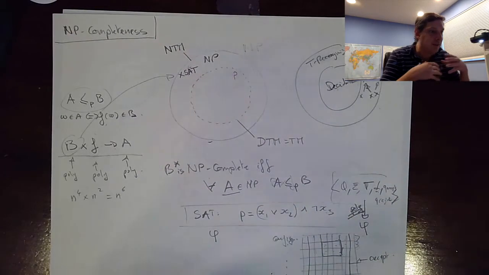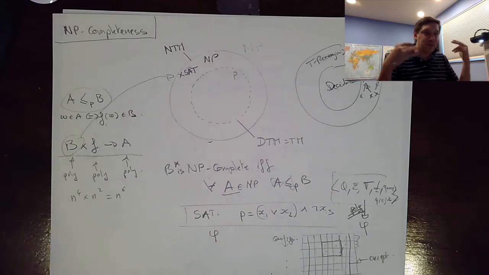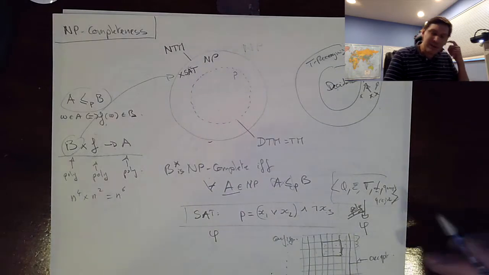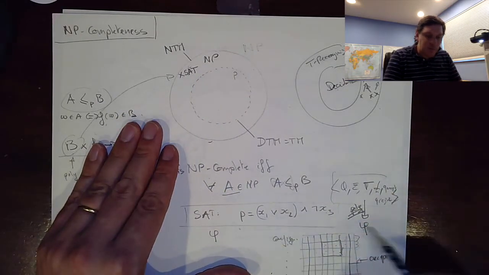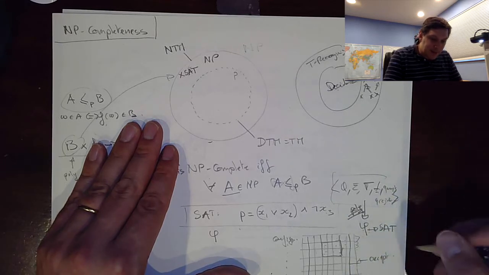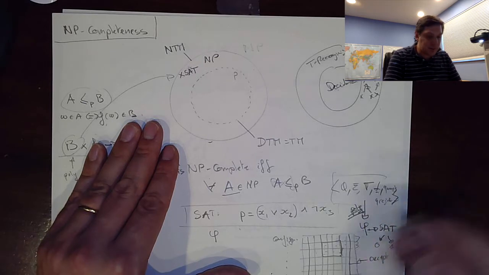You're not going to have to search through a space to encode. It can be a tedious thing, it can take some time to encode, but it's going to be a reasonable time. So this is polynomial. Once you have the encoding into the formula, you put it into SAT, and SAT is going to solve your problem.